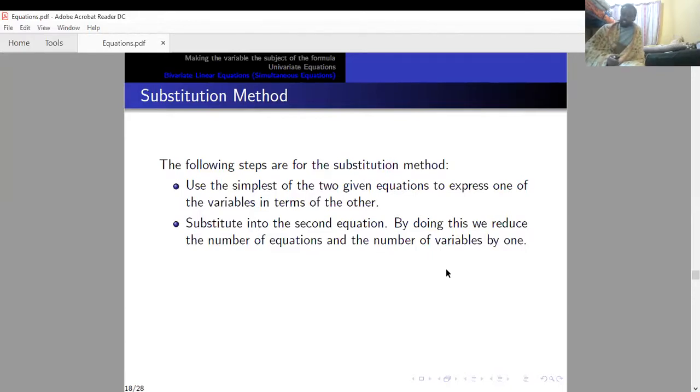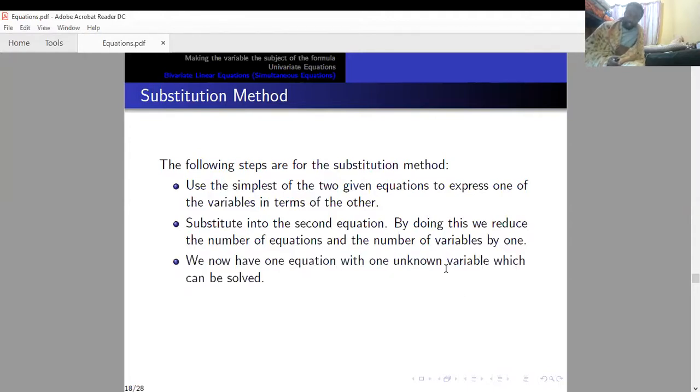Then we'll substitute the third equation into the other equation. So for instance, if you use equation 1 to find equation 3, then you will substitute equation 3 into equation 2. Just like if you use equation 2 to find equation 3, you will substitute equation 3 into the unused equation 1.